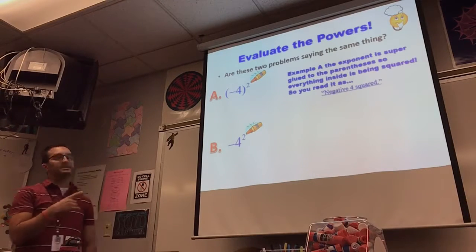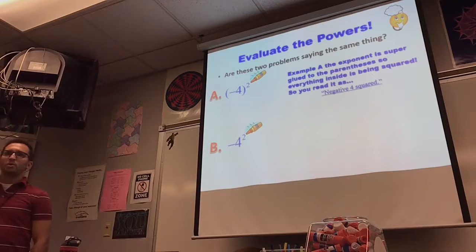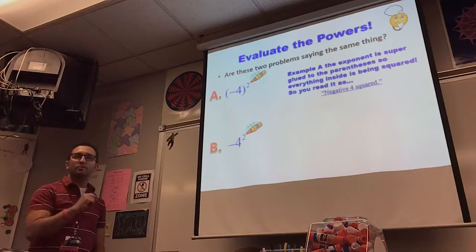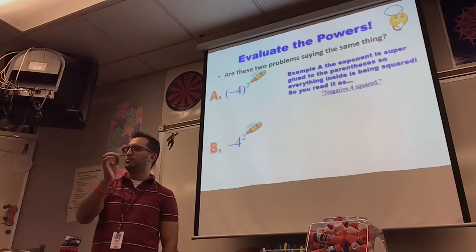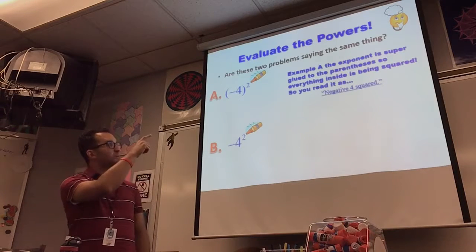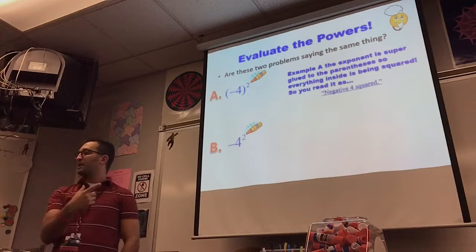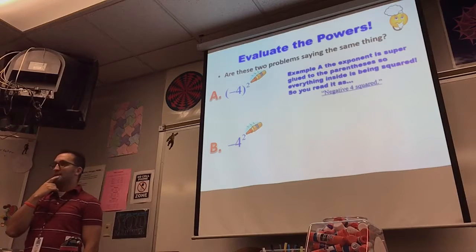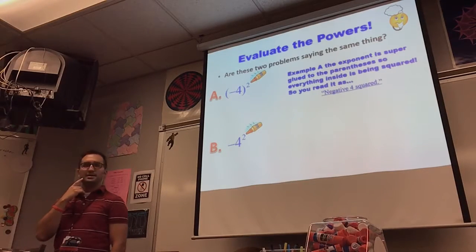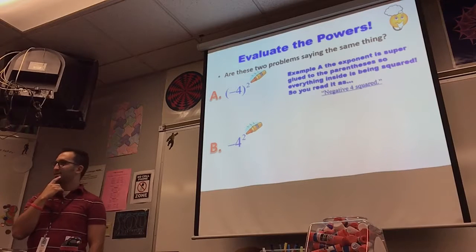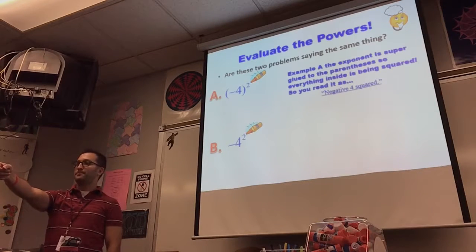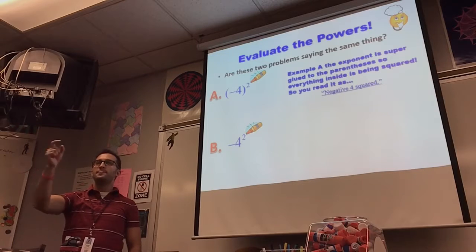So then when we have -4 squared, what does that mean? Remember, powers are repeated multiplication. What's being squared is what's being attached from the exponent. So what's being squared? The parentheses.